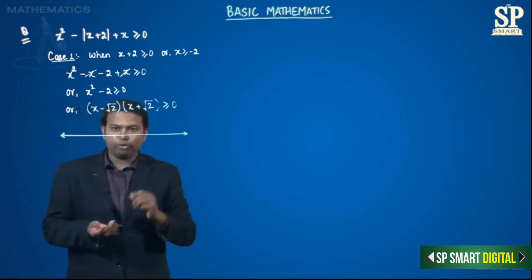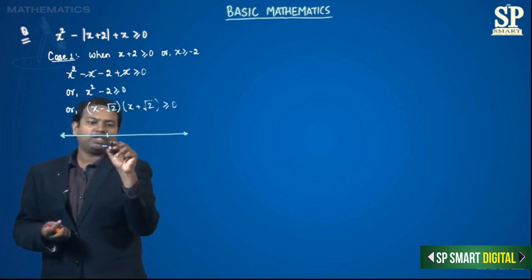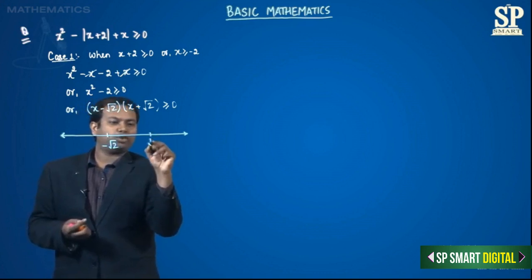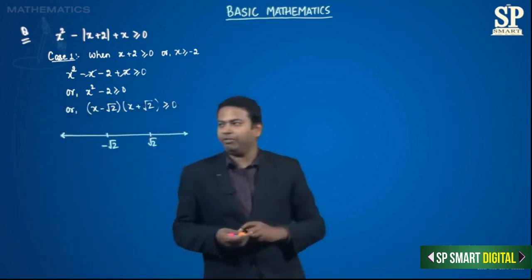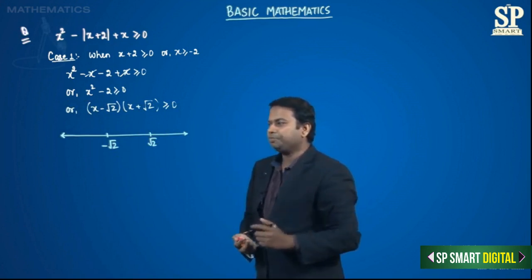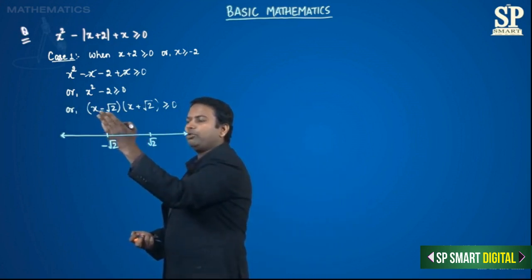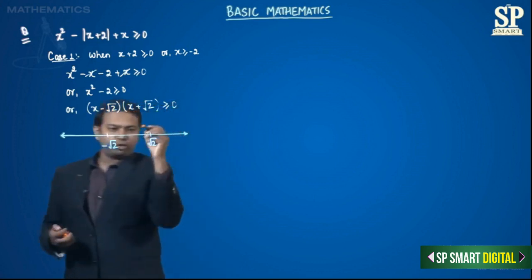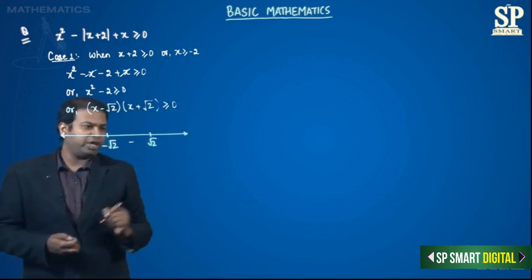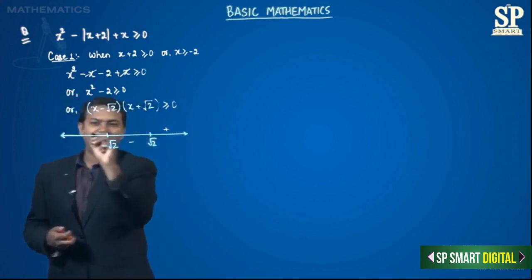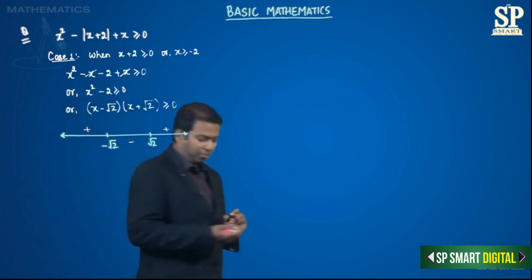So here we have two values, minus root 2 and plus root 2. Let us see what sign we get when we put the value of x equal to 0. So if we put x equal to 0, we get a negative value. So 0 lies in the interval between minus root 2 to plus root 2. So here we have a minus, here we get a plus, and similarly here we have a plus.